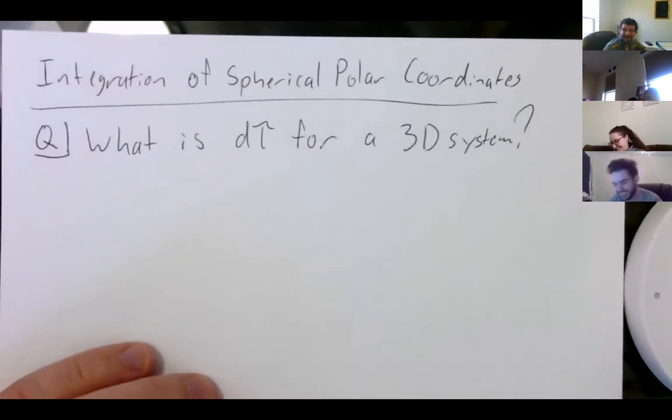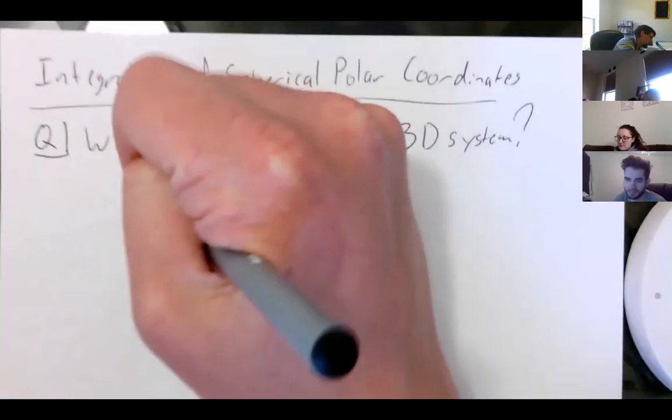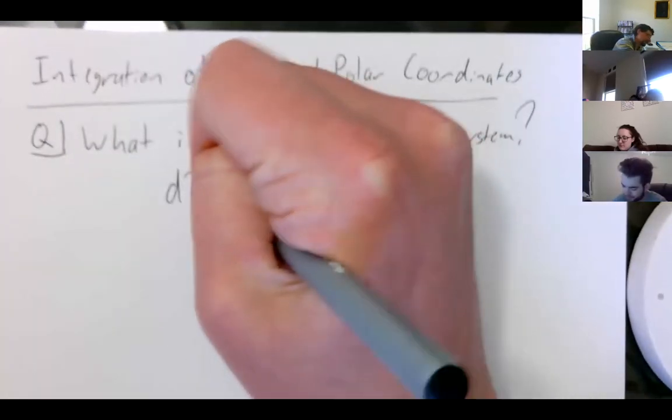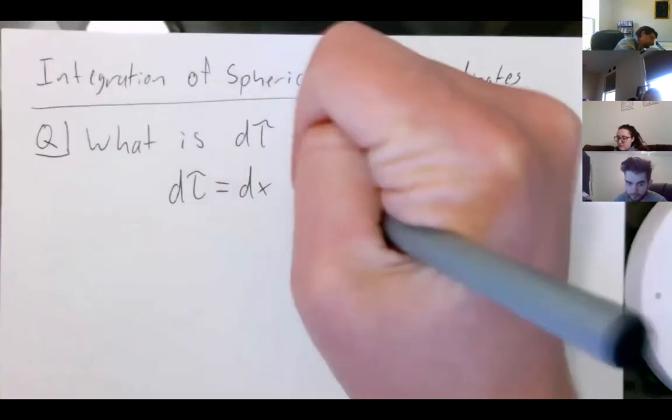When we're talking about a three-dimensional system and we want to do an integration, what does d tau become? What was it for a 1D system? Just dx. So what is it going to be for a 3D system? dx dy dz. Yep.